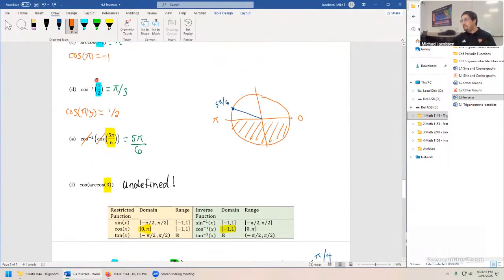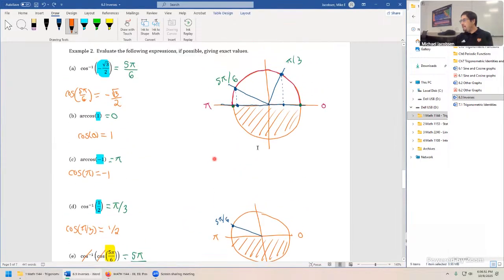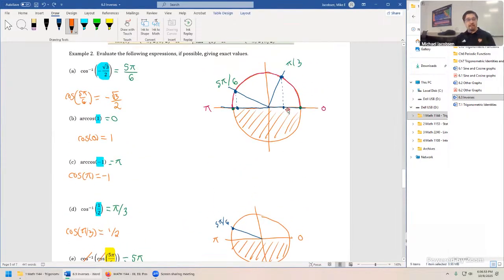So cosine inverse of positive 1/2, there's where it was plotted finally. We took the 1/2 and just put it right here on the unit circle. It's on the x-axis because it was a cosine function. Then we notice there is one unique angle between the range from 0 to pi, such that cosine at that angle does give a half.